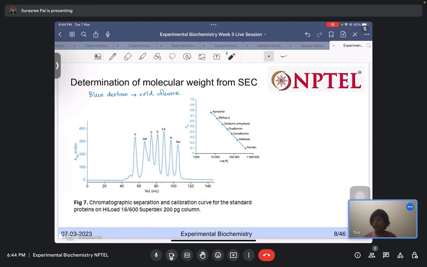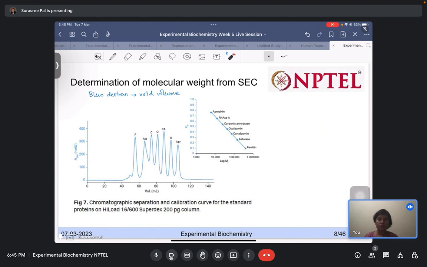Now there are these proteins which are also passed through the column and their molecular weights are known. So we have a chromatogram where the volume of the solvent is given, with these peaks that you can see. These peaks are the absorbance peaks of particular protein molecules. Because the molecular weights of these proteins are known, we know which protein is coming out at which volume.